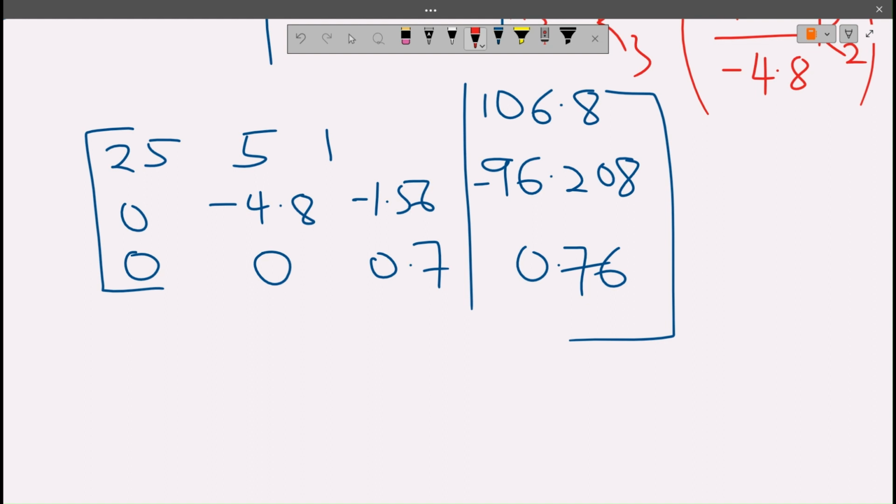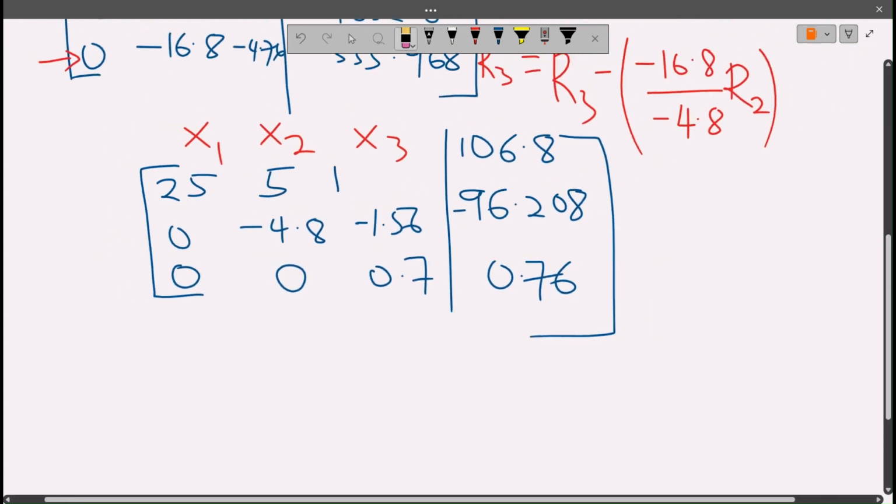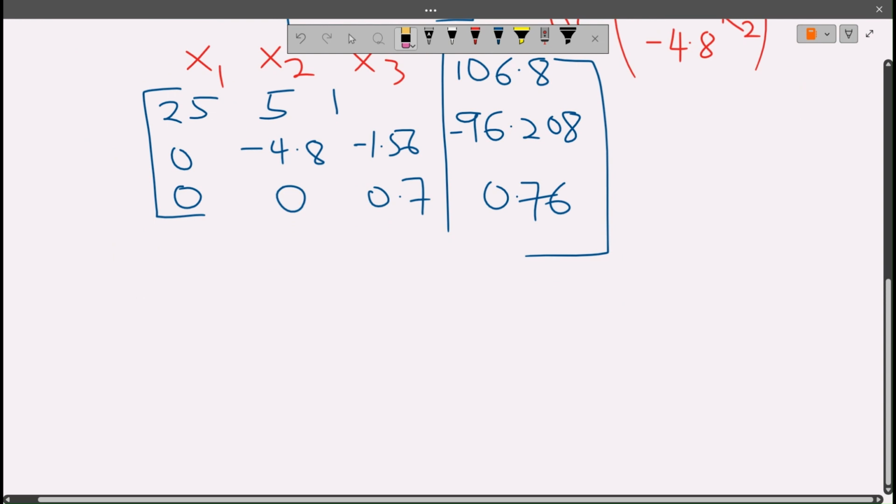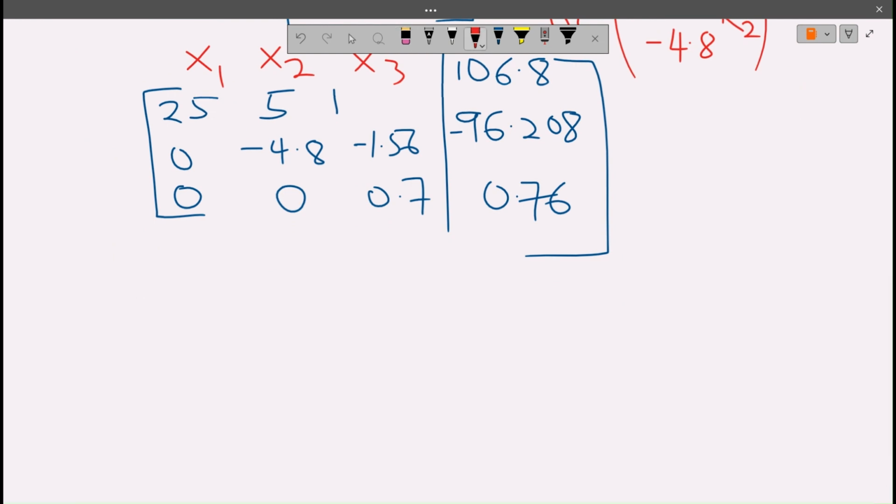Now, in our augmented matrix, the first column is the coefficient of S1, the second column is the coefficient of S2, and the third column is the coefficient of S3. Now, in doing the back substitution, 0.7 S3 is equal to 0.76.